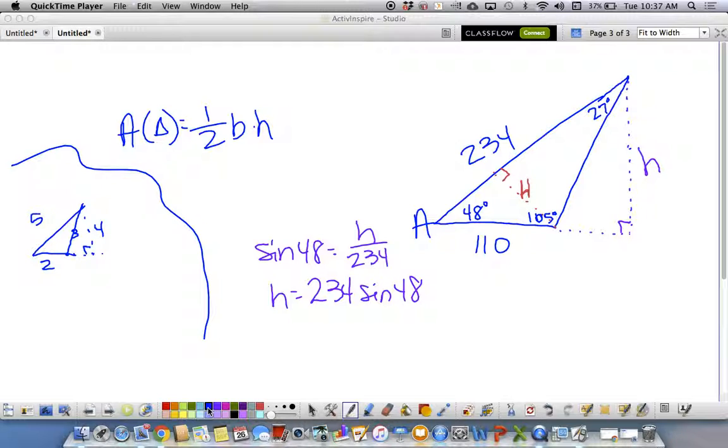What's the area of that triangle? Do I need to know this little dotted line? Absolutely not. It does not exist in my triangle. This area is 2 times 4 divided by 2.